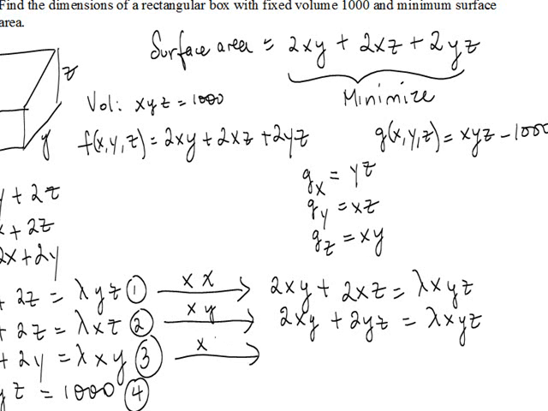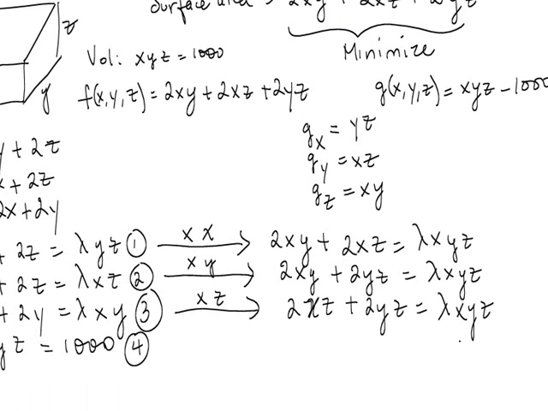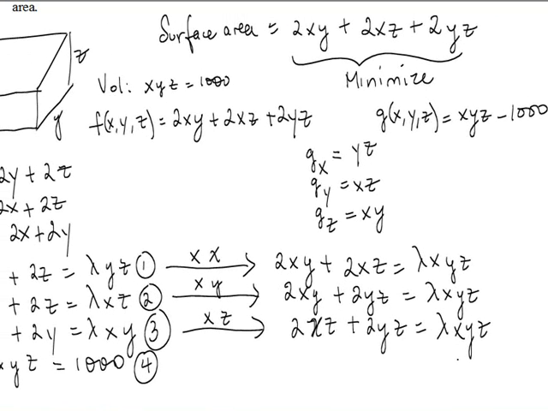Multiply number 3 by z: 2xz plus 2yz equals lambda xyz. Look at what's happening. Just look at the first two equations. The right side is the same.